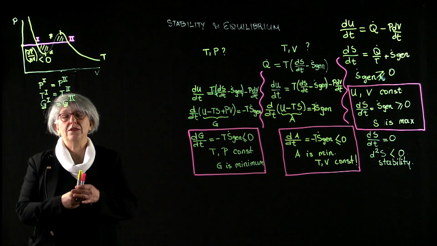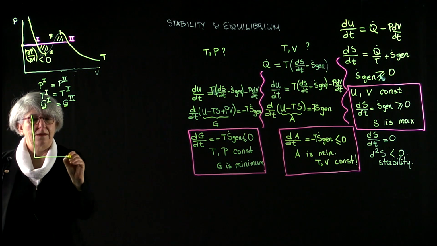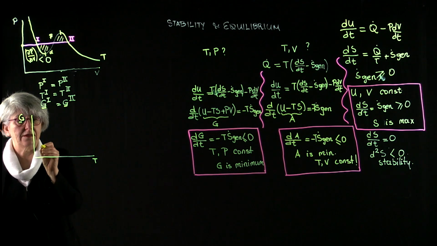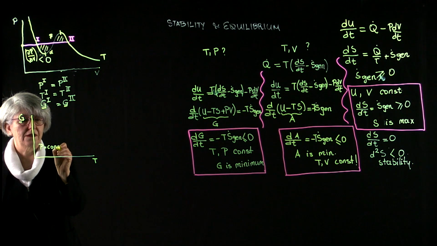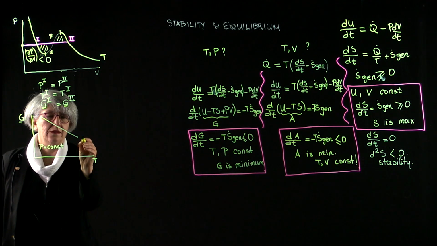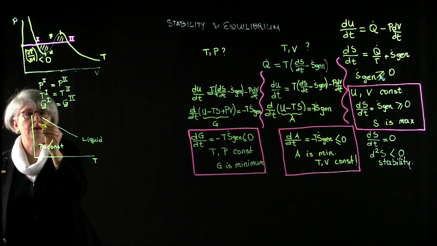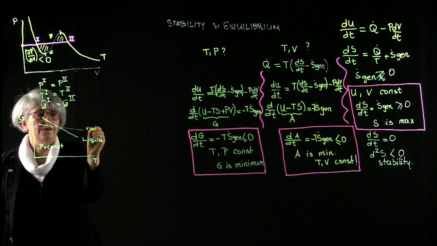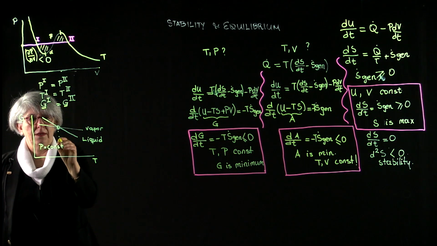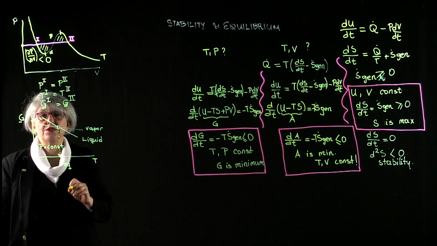So when we plot the Gibbs free energy of a fluid at constant pressure for a liquid, this side, or for a vapor, we will find a point of cross-section where they are equal, and for this pressure this is going to be our equilibrium temperature.